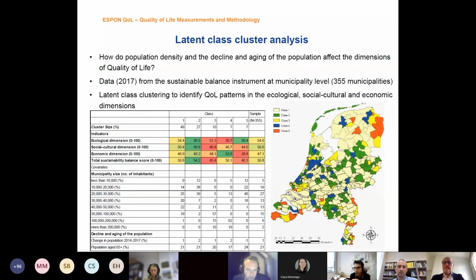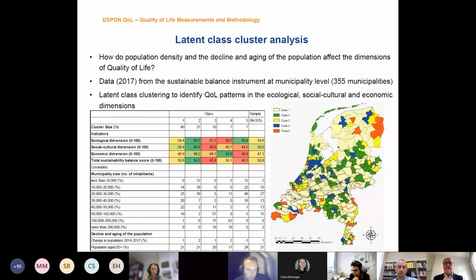And then the third cluster is quite low quality of life on all 3 dimensions. And so these are typical patterns you would expect. These 3 dimensions also correlate among each other. But then you see the final 2 patterns, they provide distinct pictures of quality of life in these regions.